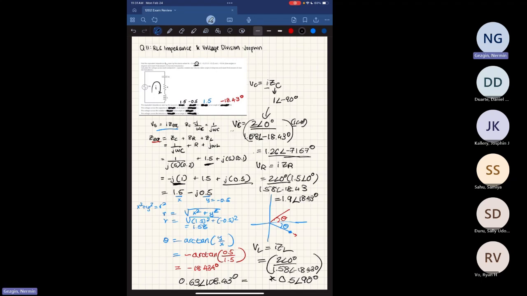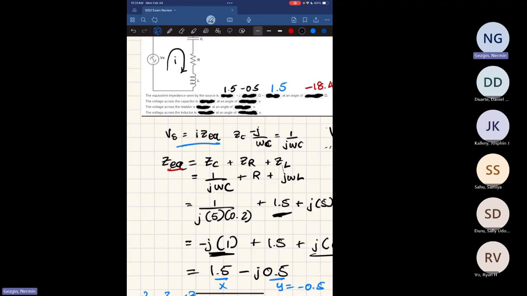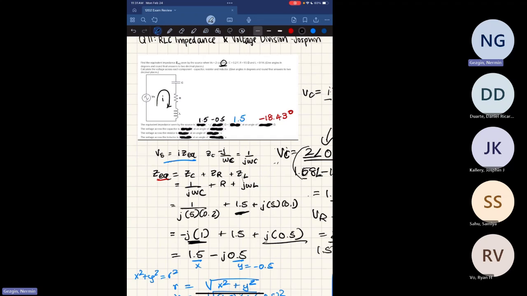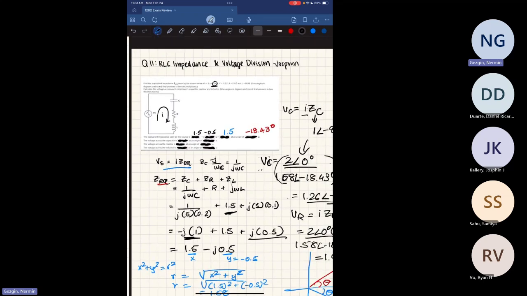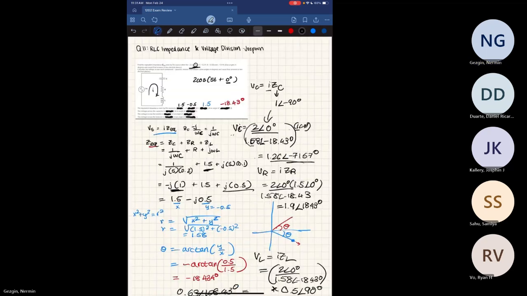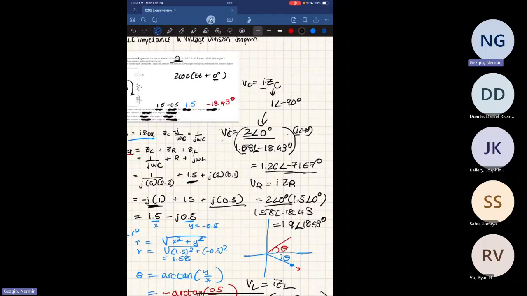So how do you get I? Remember at the beginning, we set an expression that Vs is equal to I times Z equivalent. For Z equivalent, we did all the math to find it. For Vs, they gave us what Vs was, 2 cosine 5t. If you remember this from the phasors, for our voltage, our angle is 0 degrees.